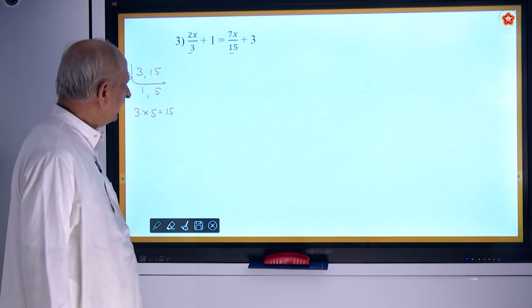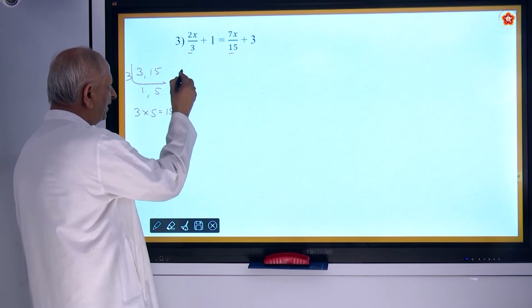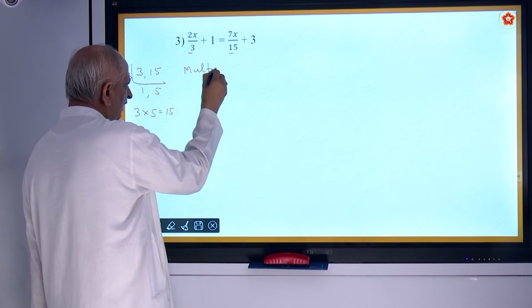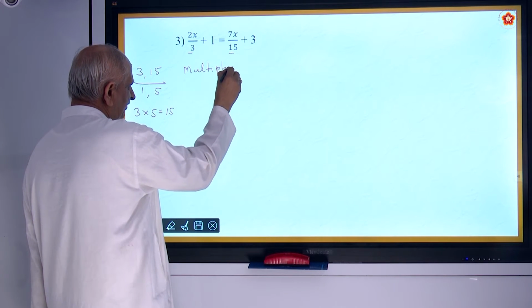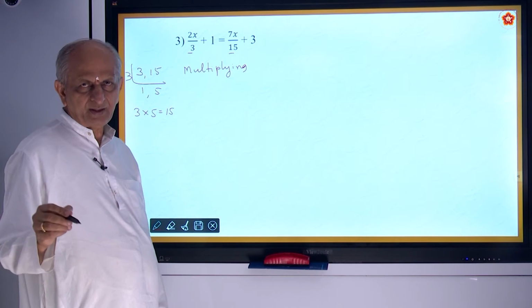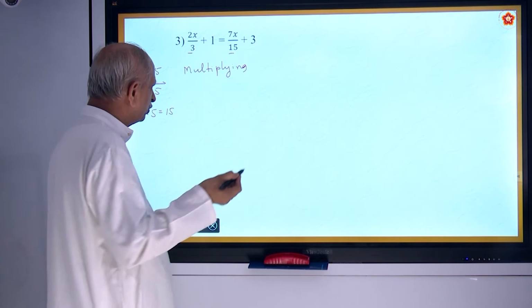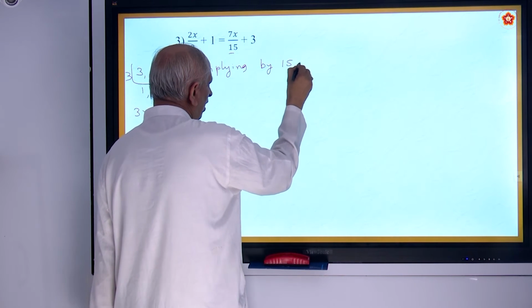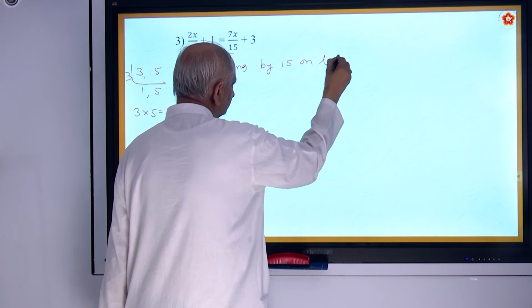That 15 you must take as the LCM and multiply on either side. And you should note that whatever you multiply on the left hand side, the same number should be used on the right hand side also. Multiplying by 15 on both sides.